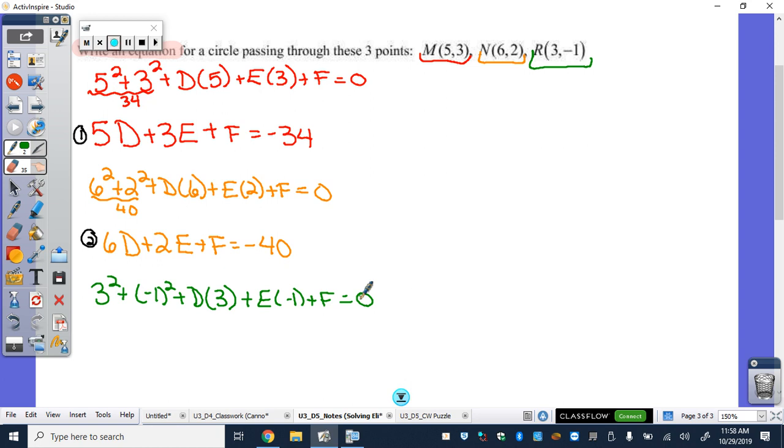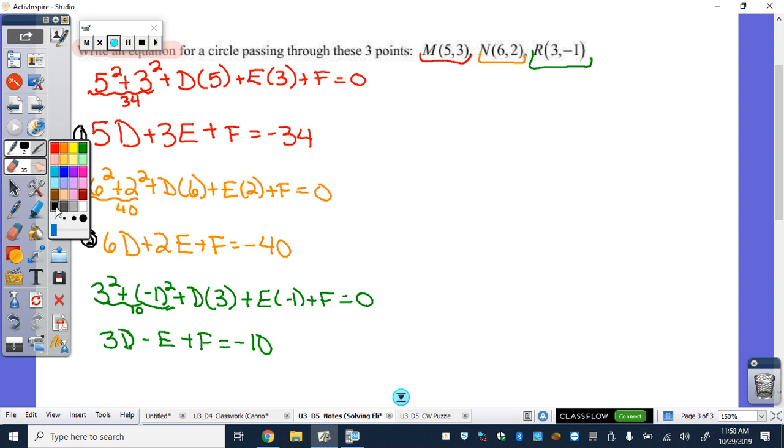So 3 squared plus negative 1 squared plus d times 3 plus e times negative 1 plus f is 0. 3 squared is 9, negative 1 squared is 1, so add those together, that gives me 10. So 3d minus e plus f equals a negative 10. There's our third equation. So our 3 points gives us our 3 equations.